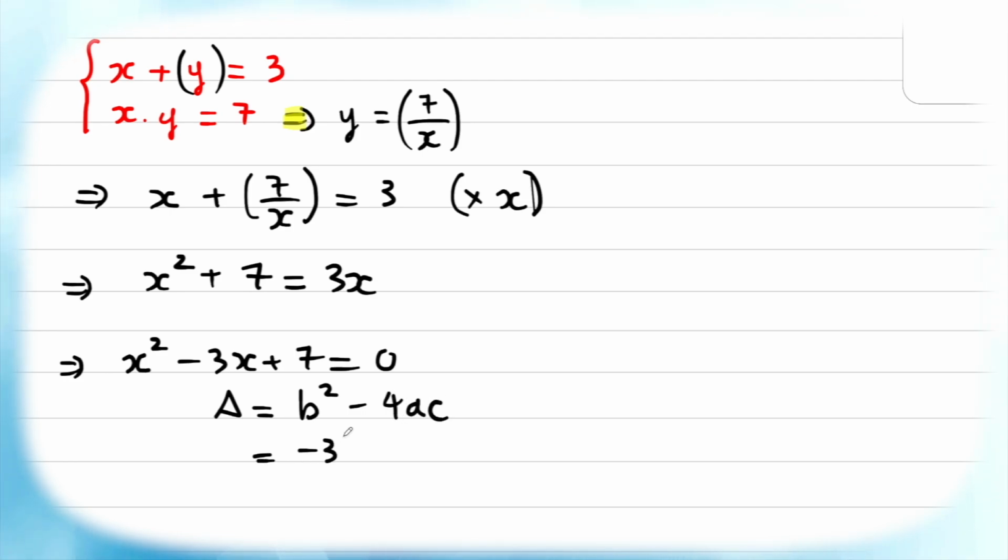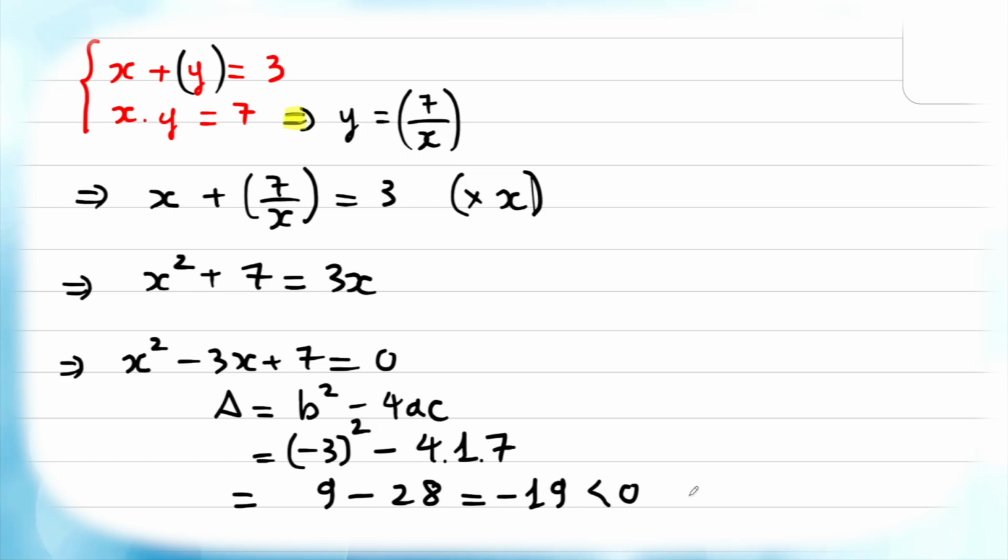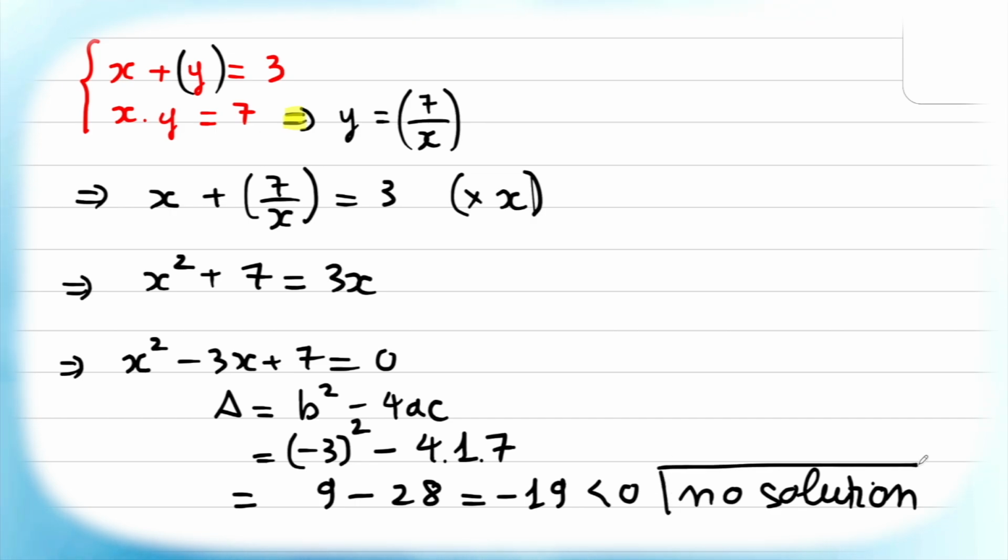B squared means negative 3 inside the bracket squared, minus 4a and c. Here is 9, here is 28, this one is minus 19, less than 0. That's why for this quadratic equation, we have no solution. It means for all of the simultaneous equations, you got no solution.